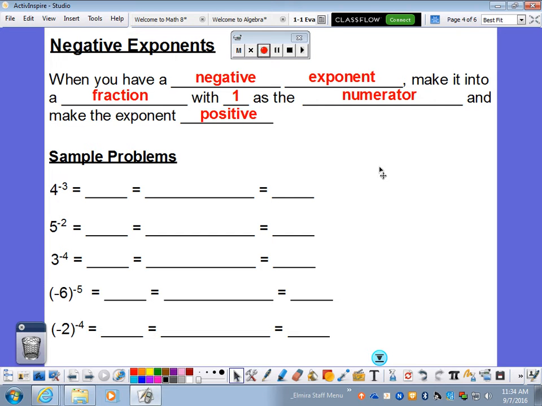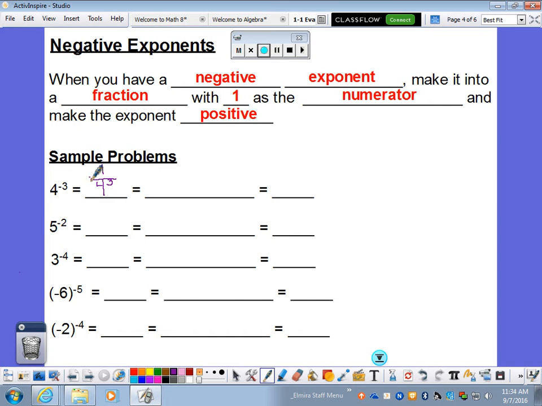So, for example, 4 to the negative third power. This is the new part. You're really going to want to pay attention here. 4 to the negative third power, what that means is make a fraction. 1 over 4 to the third power. Notice that my 3 is now positive and not negative anymore. Where does the 1 come from?